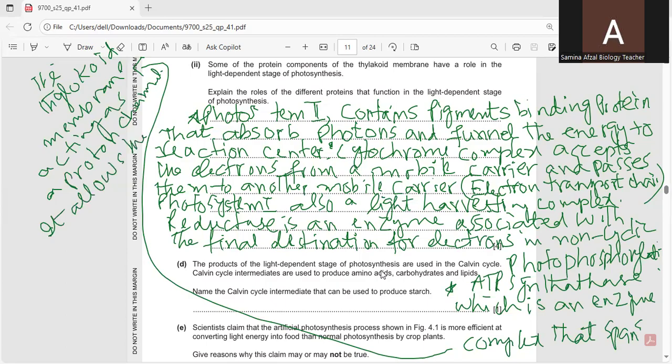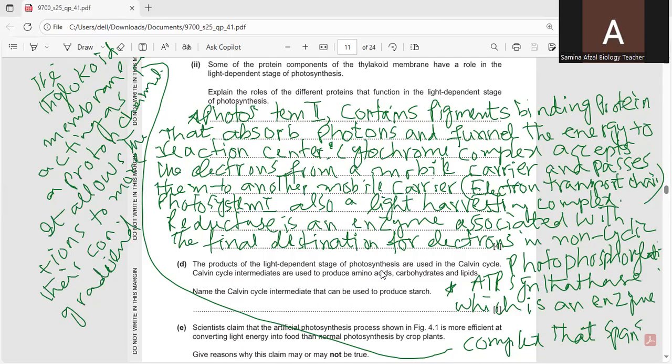It allows the ions to move down their concentration gradient. So you can see there are many roles which are performed by these proteins.